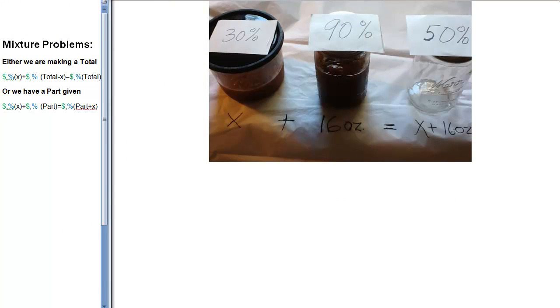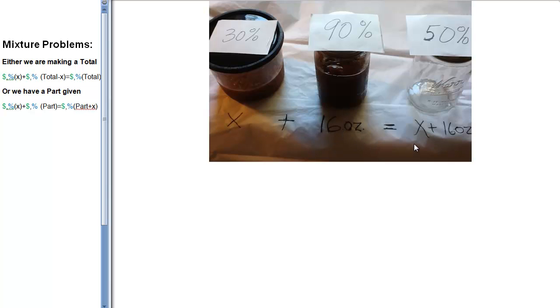In this example, we see that we may just want to use 16 ounces of the 90%. Here, then, the part that we're going to use to dilute the same 30% is again unknown, but we're only going to take 16 ounces out of this jar.